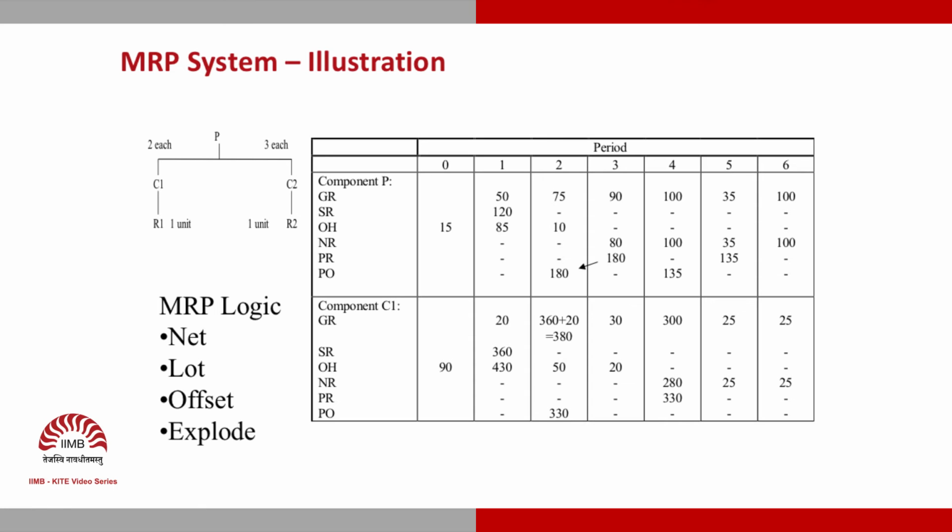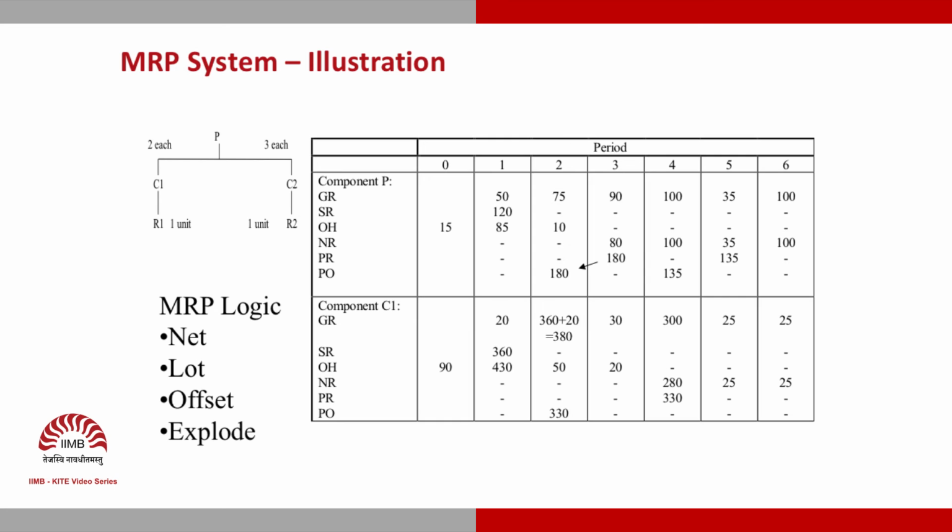So I can say that the component C1 requirement corresponding to this batch of 100 of P of period 6 translates into 100 into 2. 2 is the quantity per set of C1 for P. So I can reduce the quantity requirement of C1 by 200 further, which means my minimum quantity of 280 has come down to 80 only.